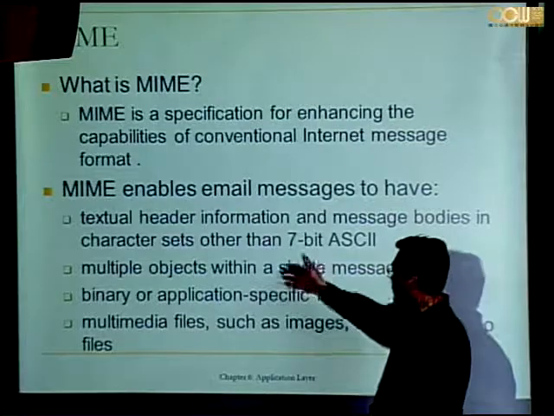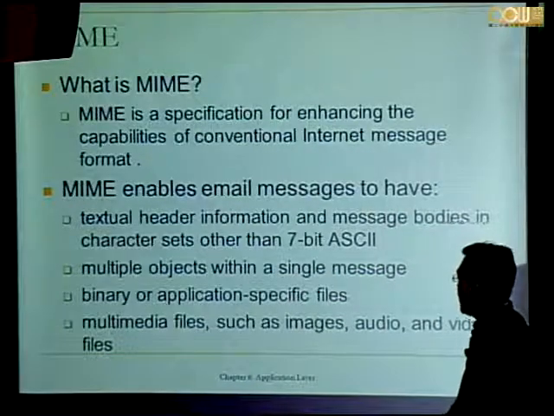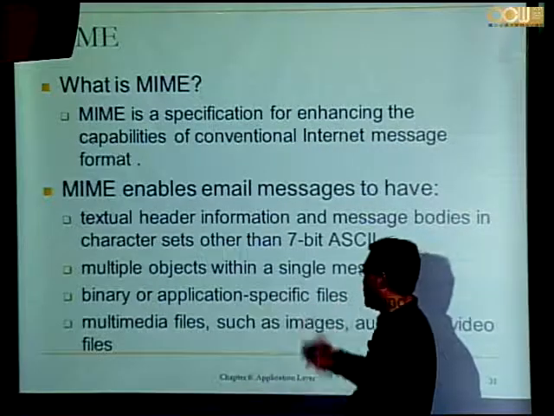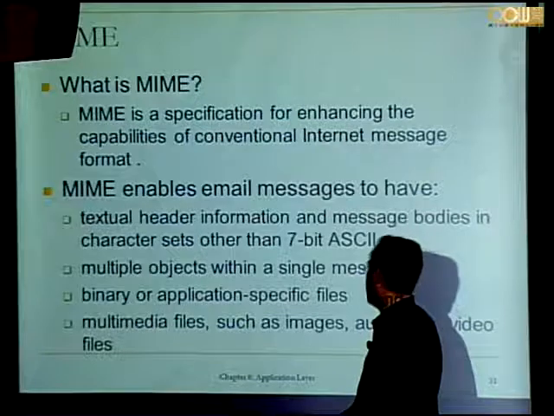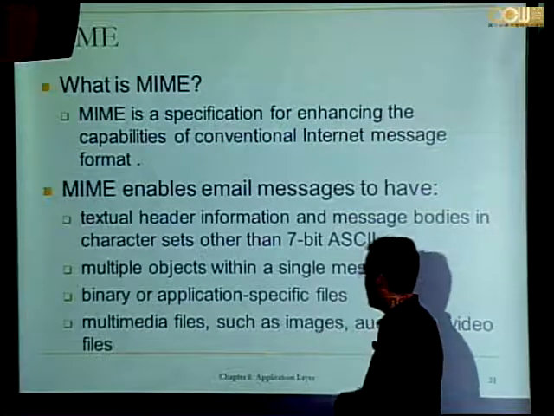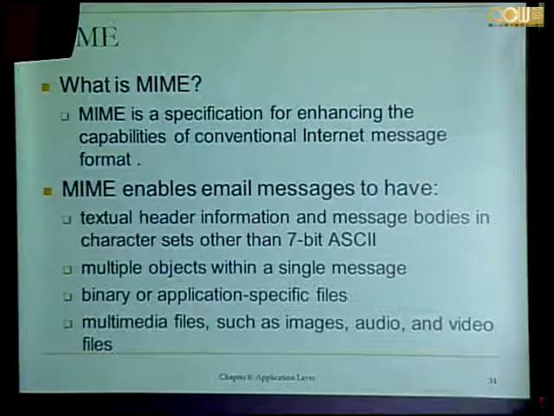And you could have multiple objects embedded in the message. The object you embed could be binary or application specific files. You could have other multimedia files with image, audio, video. These are to be supported by MIME.